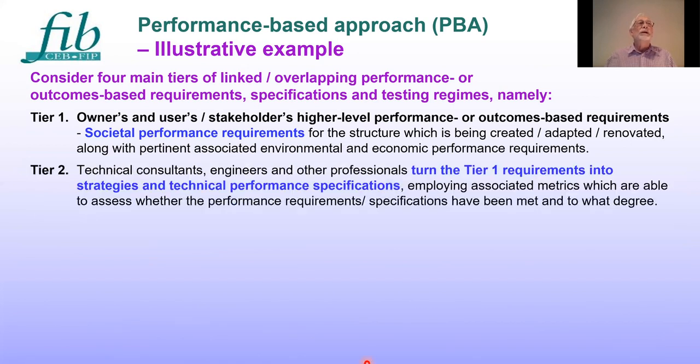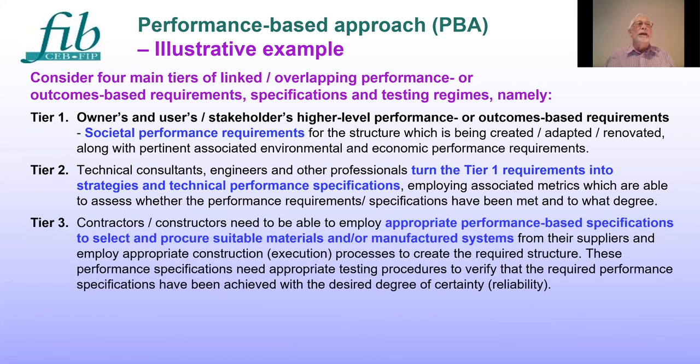Tier 2 is concerned with turning the Tier 1 requirements into technical strategies, technical performance requirements with associated metrics, so that the performance of the structure, the safety of the structure, its stiffness, its resilience, etc., can be evaluated.